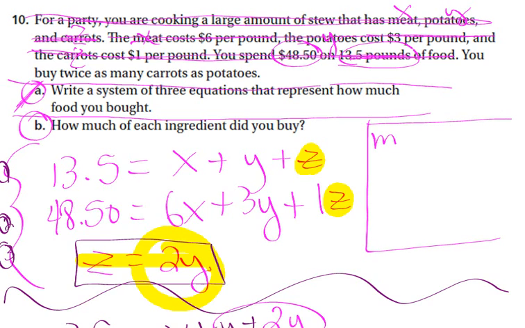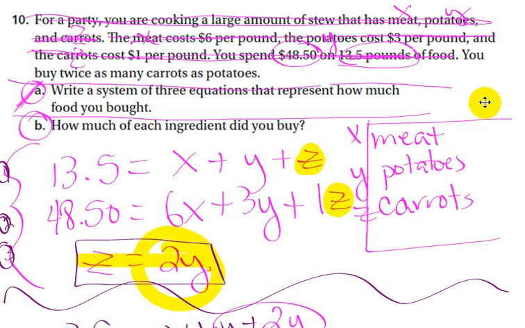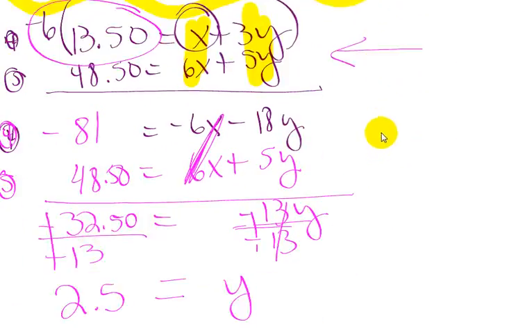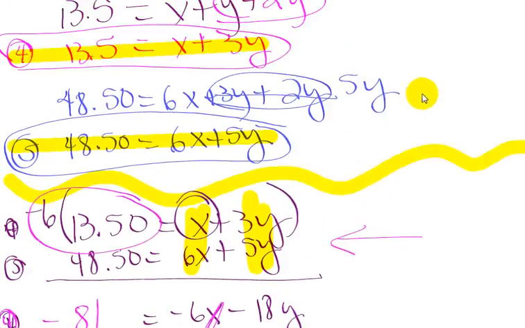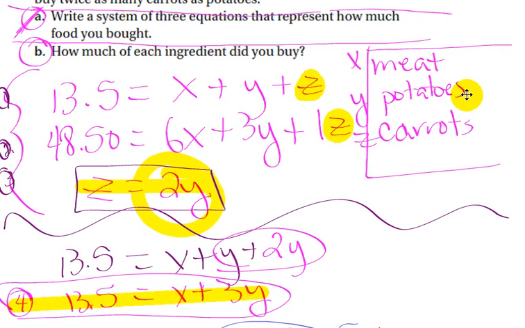We're going to have meat, which was our x value, potatoes, which was our y, and carrots, which is our z. Okay? So we just found out that y is equal to 2.5. So we have 2.5 pounds of potatoes.